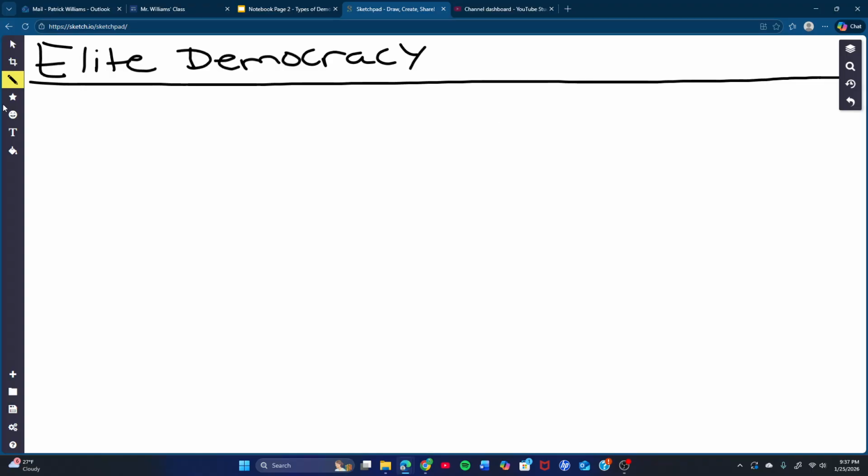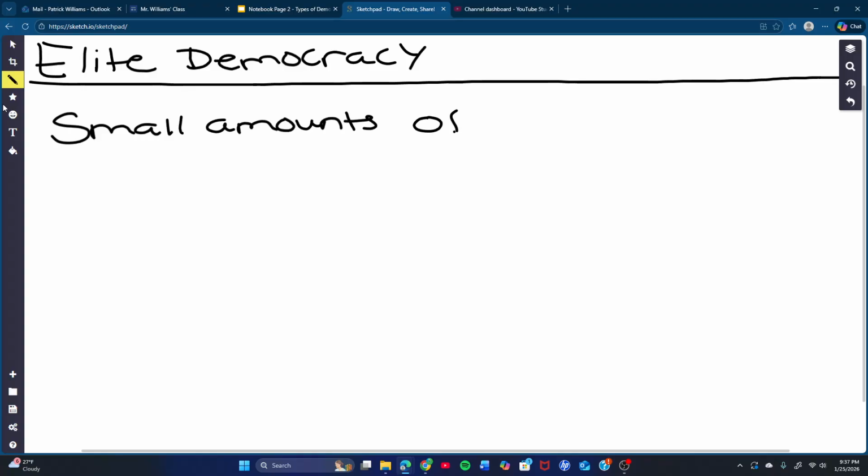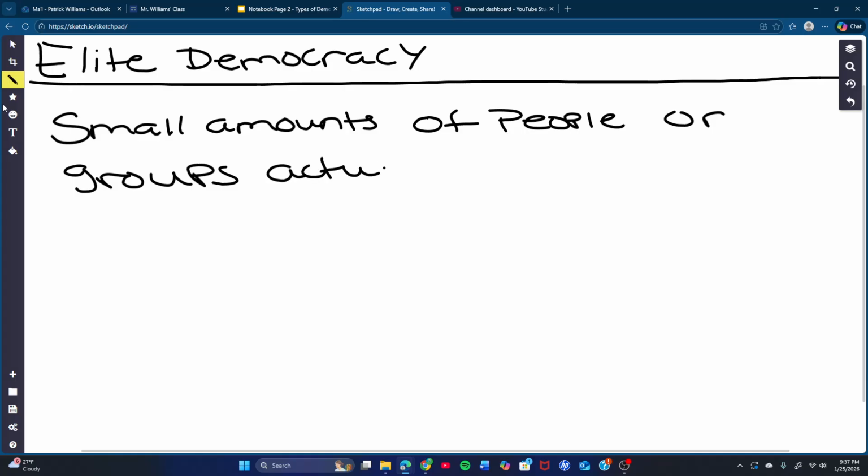Well, I'll tell you. A lot of critics called it the wealthy few, which means small amounts of people or groups actually make change, right?